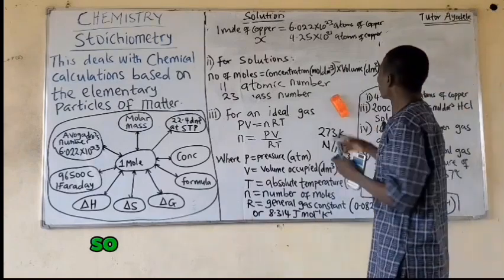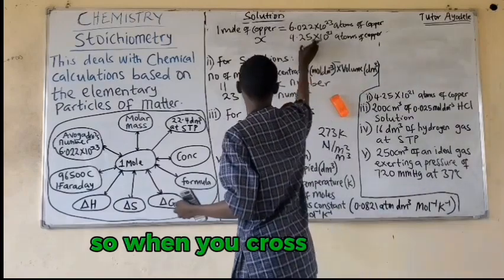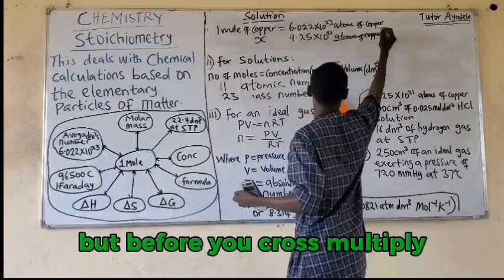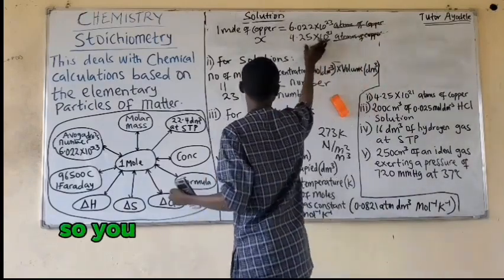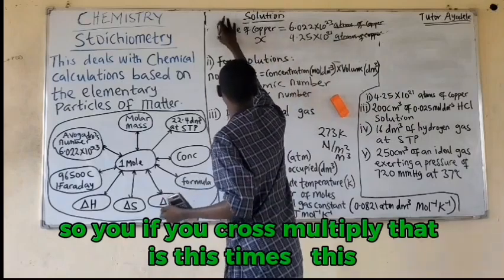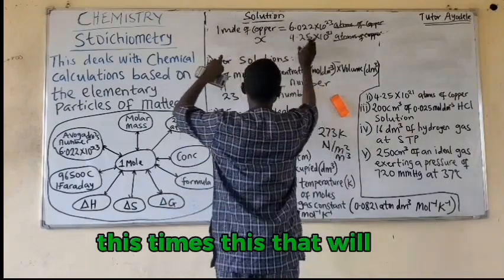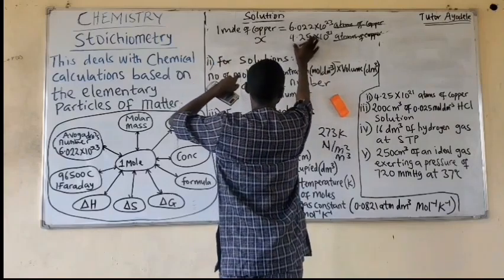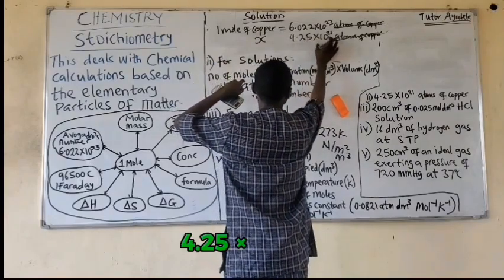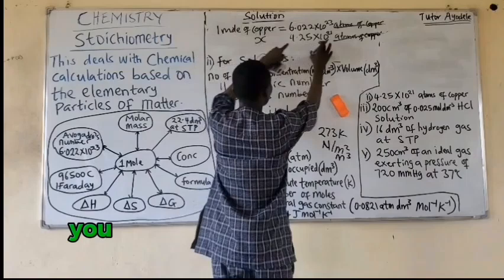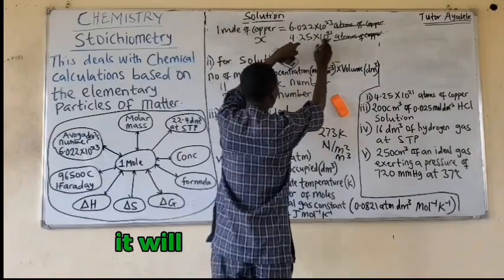Okay. So when you cross multiply, but before you cross multiply, let this cancel this first. So if you cross multiply, that is this times this. That will be 4.25 times 10 raised to the power of 21 times 1. You know it will still give you this. Anything you multiply by 1 will still give you this.